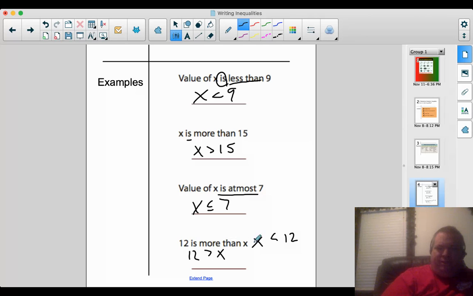So I'm going to write that as x is less than 12, okay? Which is saying the same thing as 12 is more than x. If I were to say, 12 is more than your age, that's the same thing as saying your age is less than 12. Okay, so flip them around so that the x, or the variable, comes first, and then the sign has to switch when you do that too.